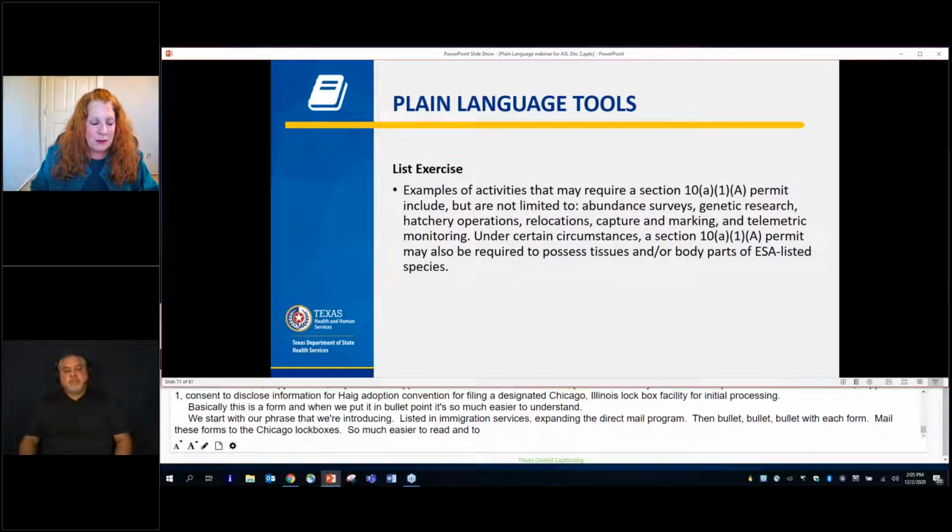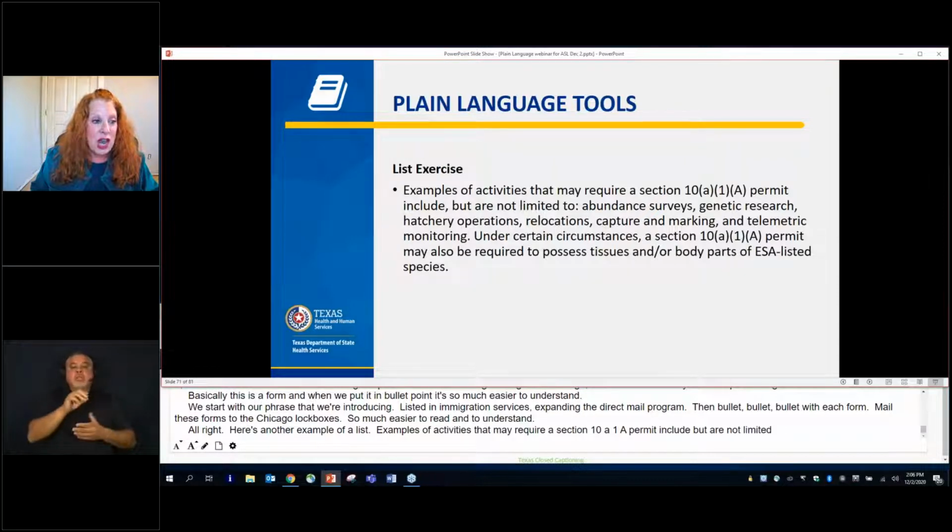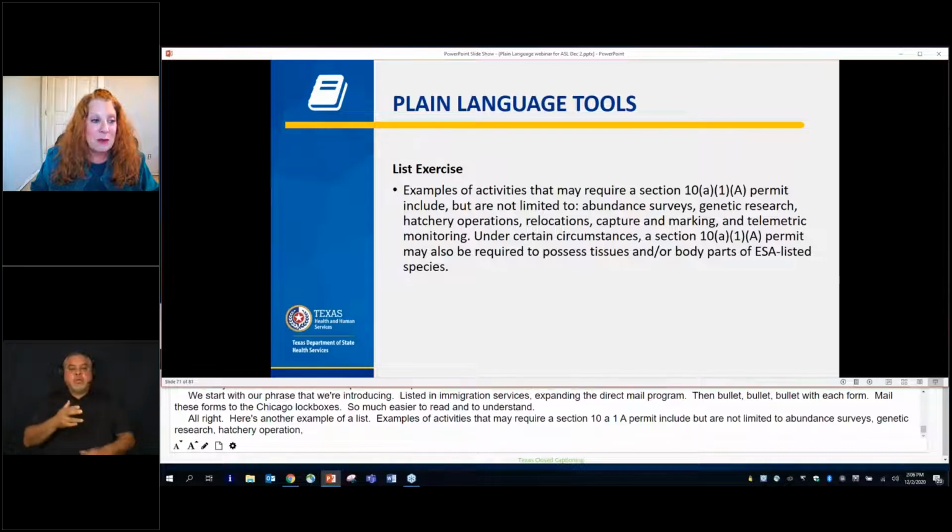All right, here's another example of a list. Examples of activities that may require a Section 10(a)(1)(A) permit include, but are not limited to, abundance surveys, genetic research, hatchery operation, relocation, capture and marketing, and telemetric monitoring.